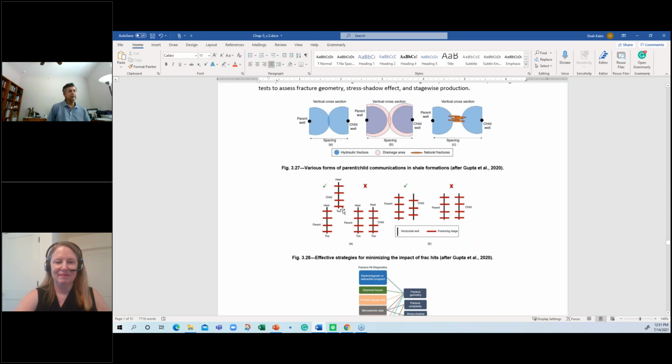So what they are saying is, okay, you can do this, but don't do this. Don't go side by side, because then there will be a serious interaction. Or if you want to go parallel, then you just offset it. I think this is a bit tricky, but conceptually, what we don't know is the presence of a natural fracture network through which the interaction can occur.